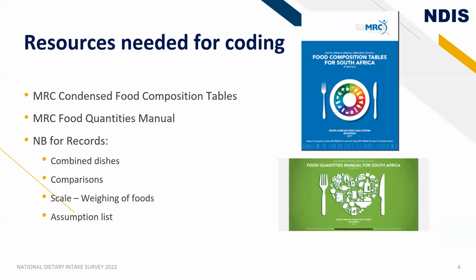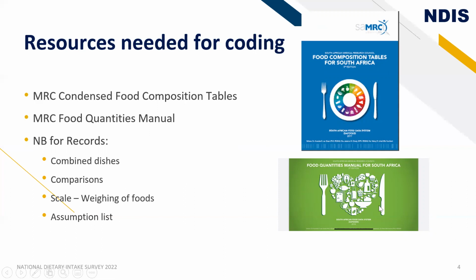So the resources that we need for coding, it's the MRC's condensed food composition tables, it's the blue book, and then the MRC's food quantities manual, it is the green book. These days, the food quantities manual also contains the new food codes.